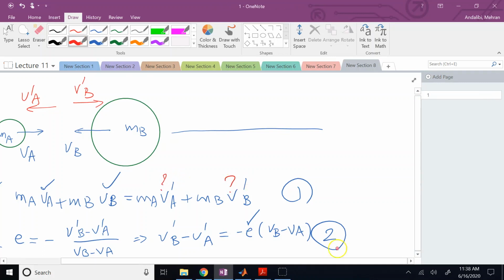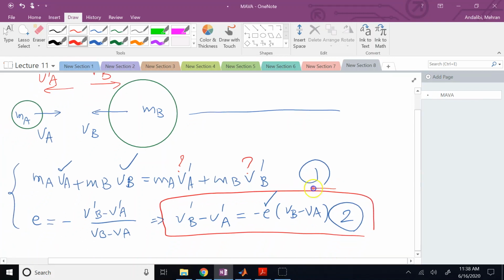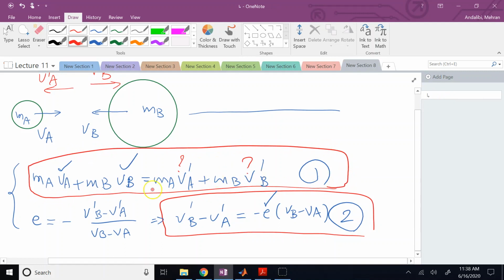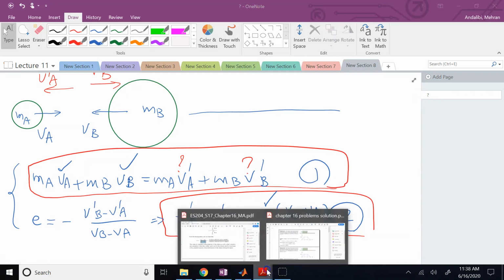So I have two equations, 1 and 2, and from these two equations I can solve for both unknowns. Sometimes maybe the problem gives you one of the after impact velocities and asking for before impact velocities. Okay, so this E is given to us in our problems.